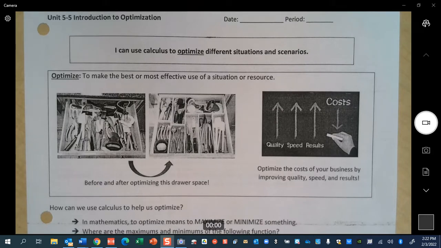If I'm looking to maximize my graph, I want to find where that vertex, that high point is, or that low point, that local minimum or maximum. Of course, that's going to be where my derivative, or the slope of my tangent line, is 0. So we'll think about that as we move through.